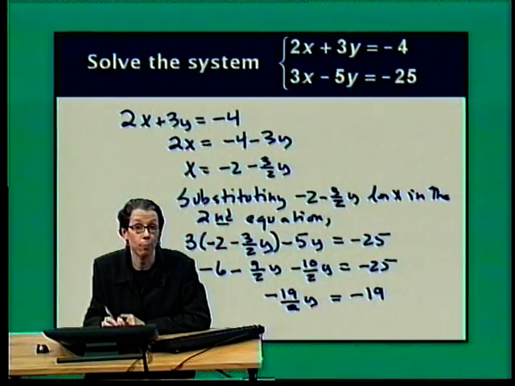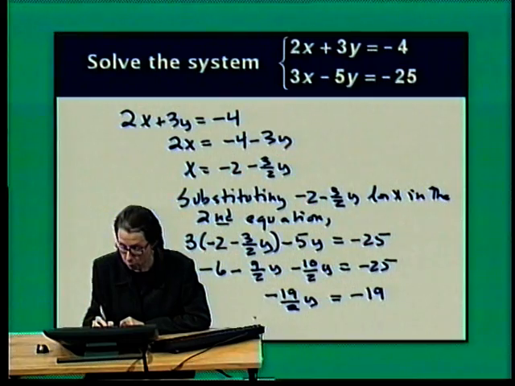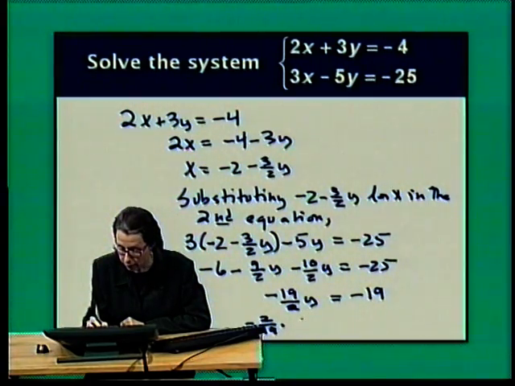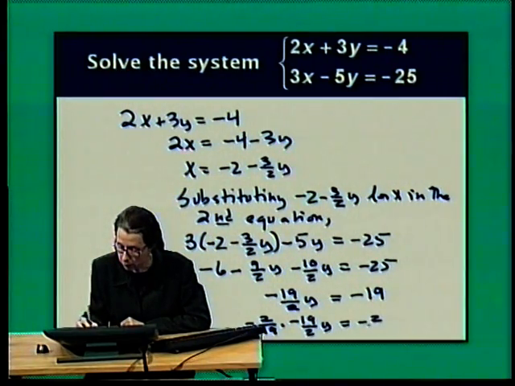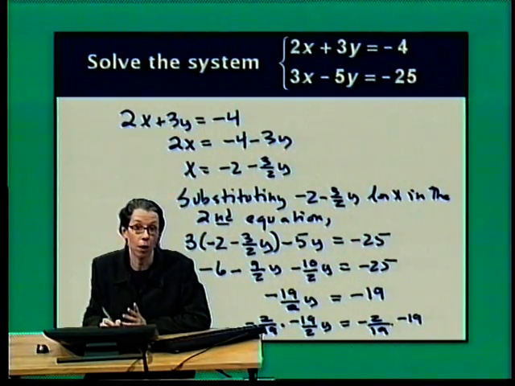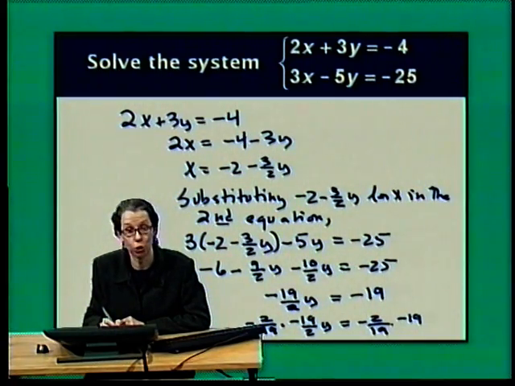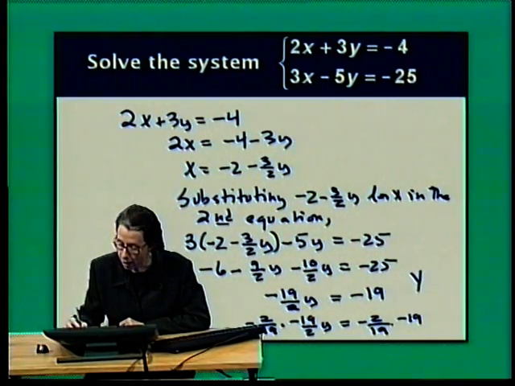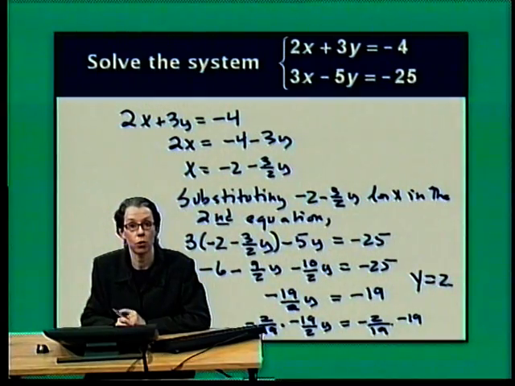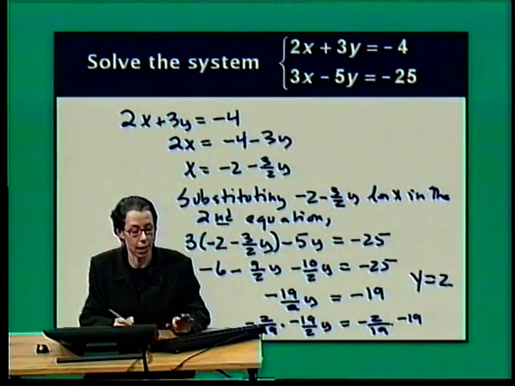Now I'm going to multiply both sides of this equation by the reciprocal of negative 19 halves. So let me just work through that because something nice is going to happen. Negative 2 over 19 times negative 19 halves y equals negative 2 over 19 times negative 19. On the left, I just get y. On the right, I have 2. So I found that y equals 2. Let me evaluate x.